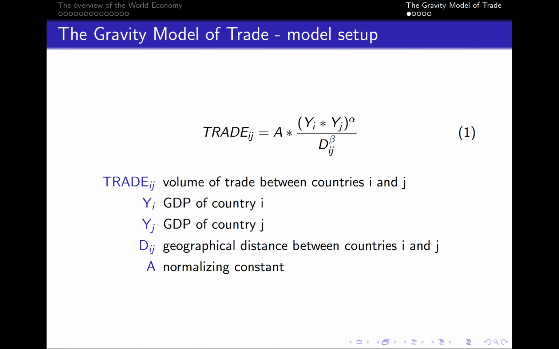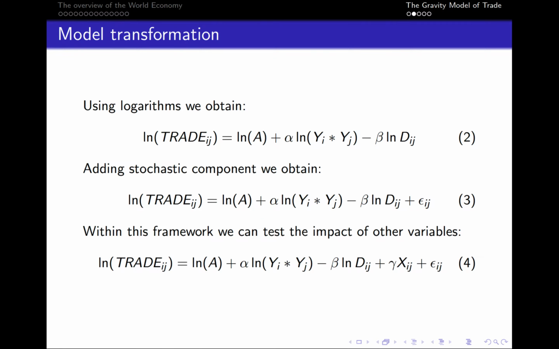And look, if I logarithmize both sides of this equation, using a couple of simple properties of logarithms, I get this: the logarithm of trade between two countries equals ln A plus alpha times ln real GDP product minus beta times ln distance. Now, if we want to estimate this equation, what we are missing is, of course, the stochastic component that we put over here.